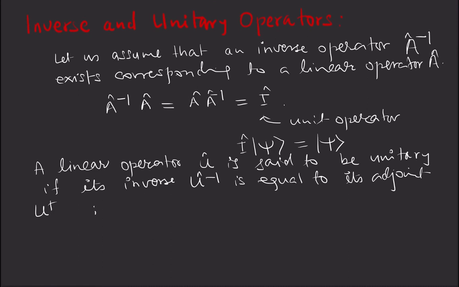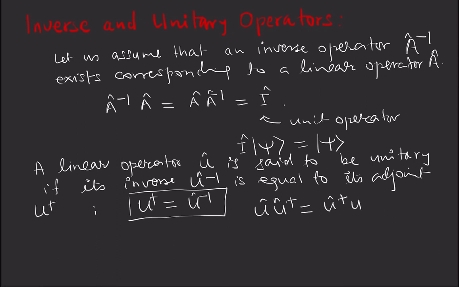That means U dagger is equal to U inverse. So in this case, U will be said to be a unitary operator, and then U dagger U is equal to U U dagger is equal to identity operator.